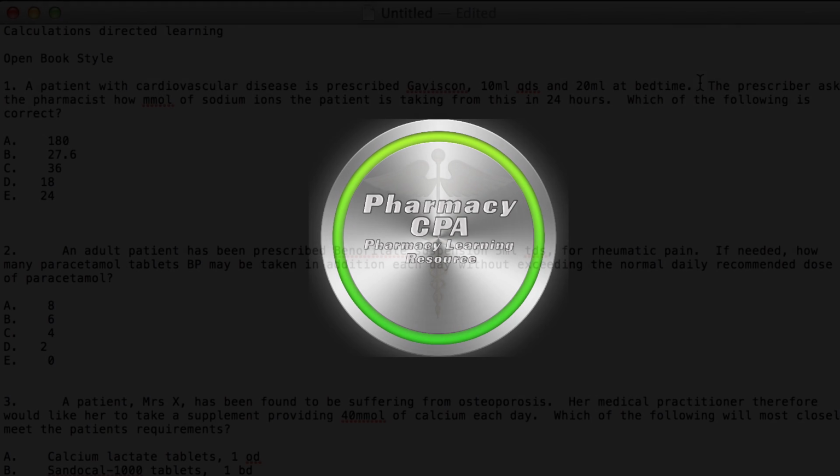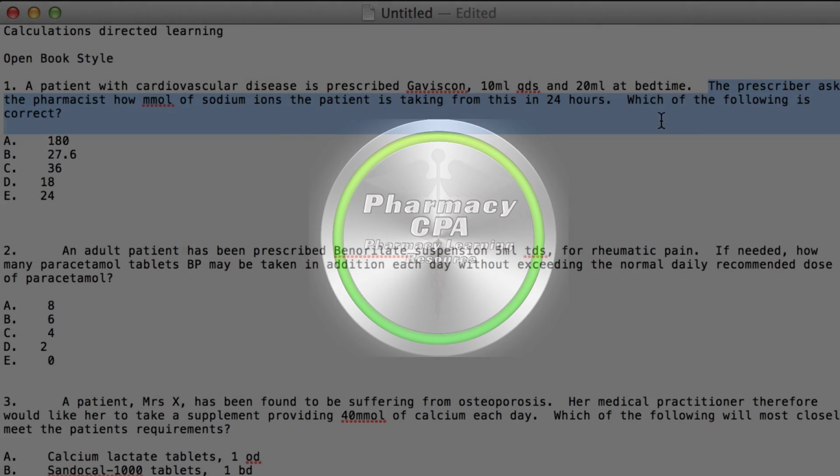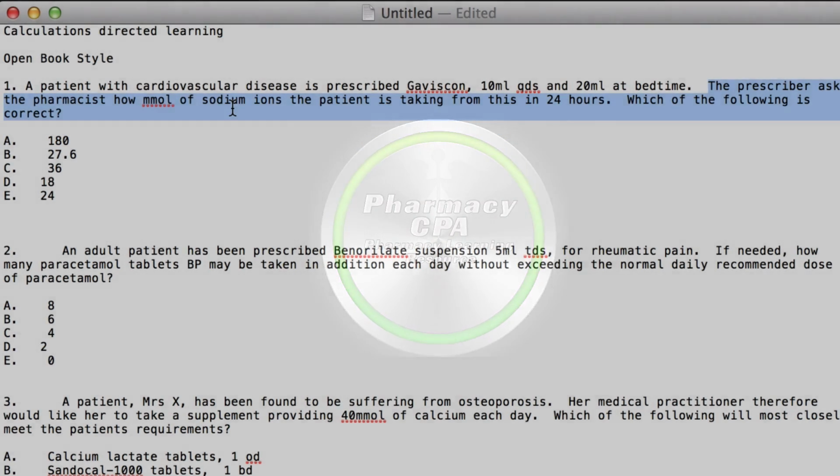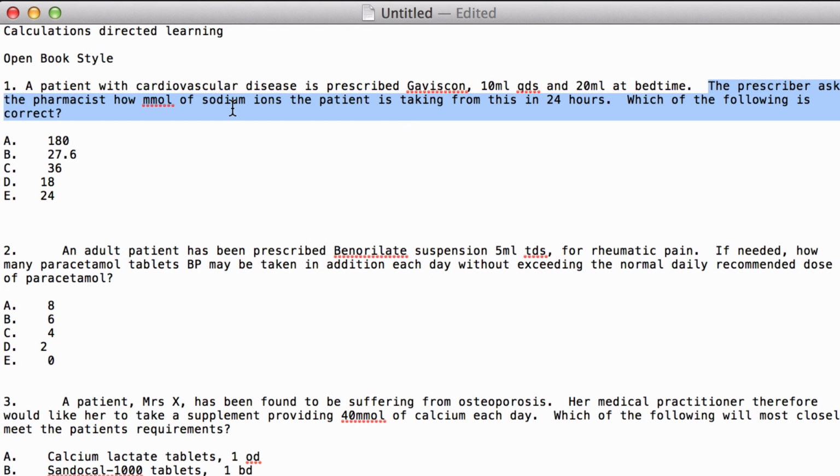So where did we get to? The prescriber asked the pharmacist how many millimoles of sodium ions the patient is taking from this in 24 hours. Which of the following is correct? This is quite an easy question.